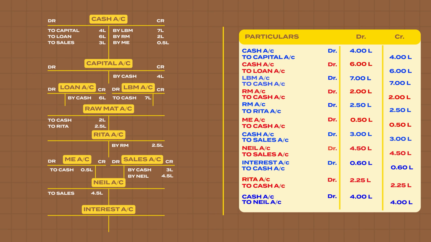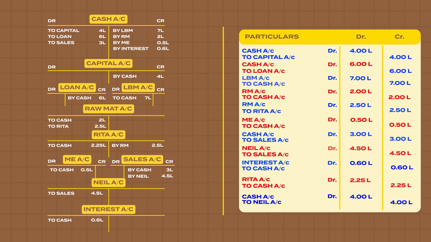Interest account debit to cash. In interest account debit side, to cash 0.6. In cash account on the credit side, by interest 0.6. Rita account debit to cash 2.25. In Rita account on the debit side, to cash 2.25.